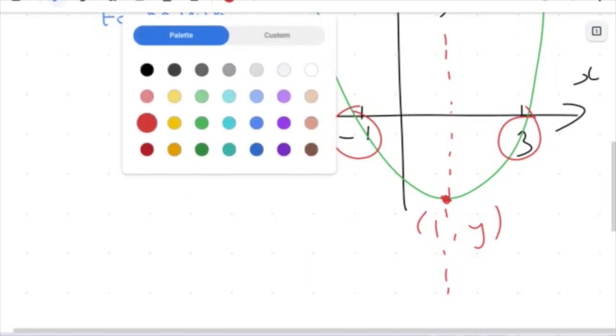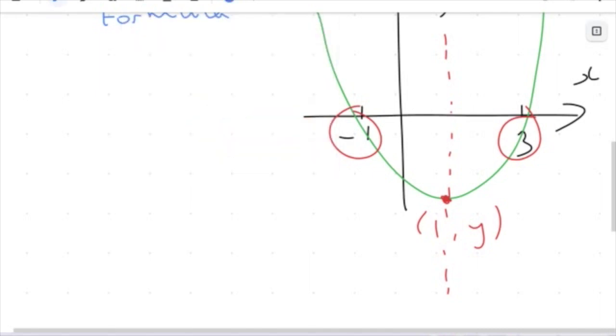Now, if we measure, for example, the distance from my first x-intercept, my first solution to my quadratic equation, this is 2 units away from 1, and this guy over here was also 2 units away from 1.